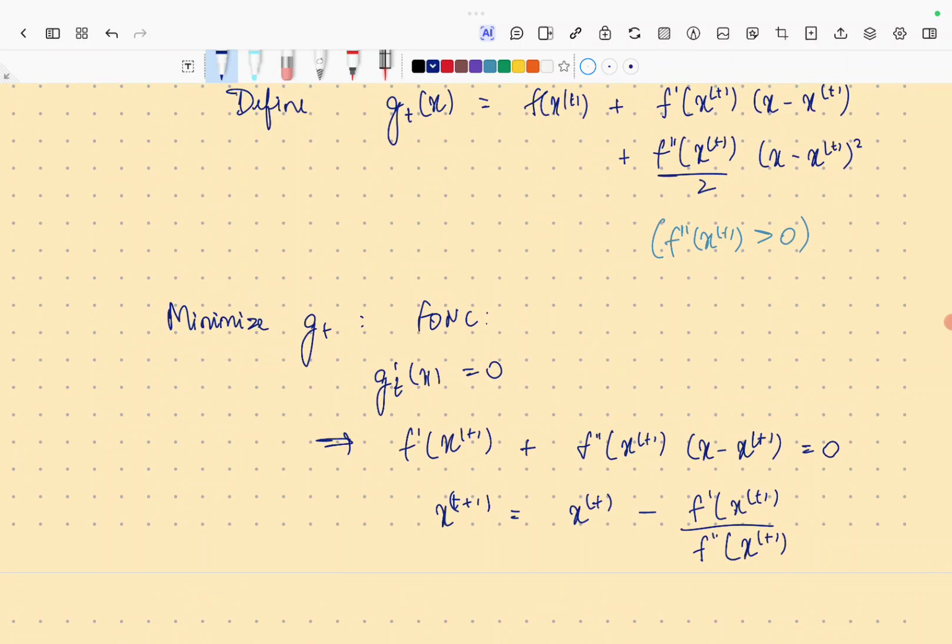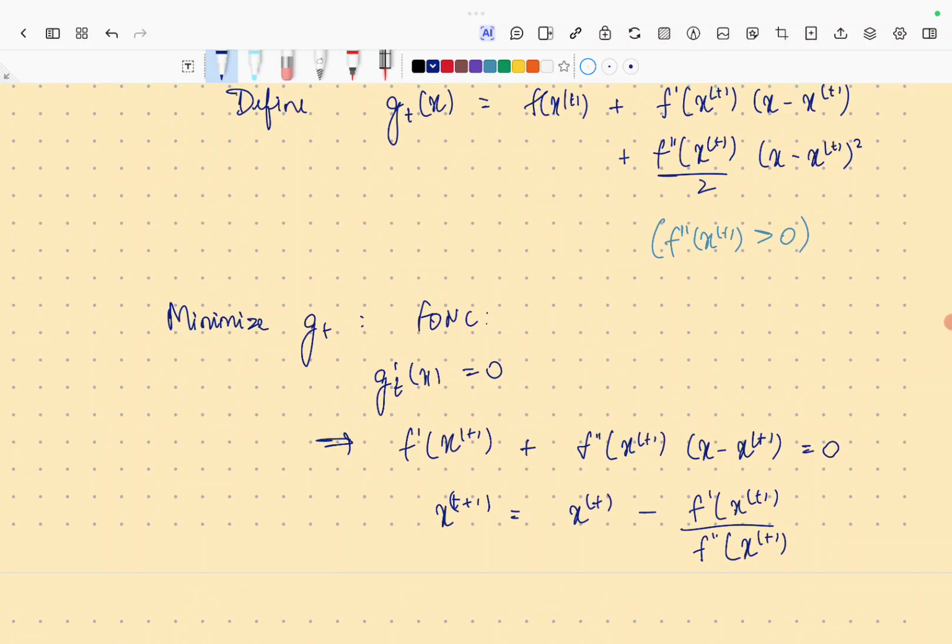So there's a lot of similarity between this and the standard gradient descent algorithm that we've seen previously. You can think of this 1 by f double prime of xt to be like your delta t. You can view this in some sense as a step size. But why does minimizing gt mean we're minimizing everything? I'm not saying that we're minimizing f of x at all. The only thing that we're guaranteed here is that at every step you're always moving along the right direction.